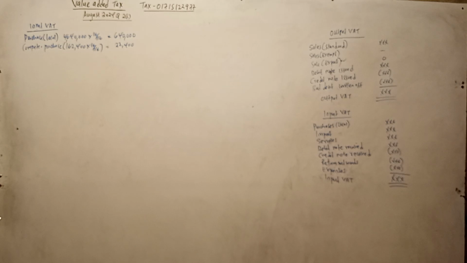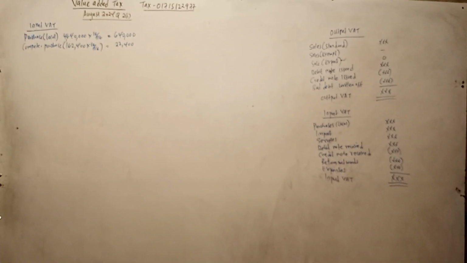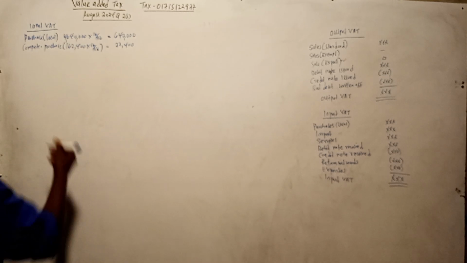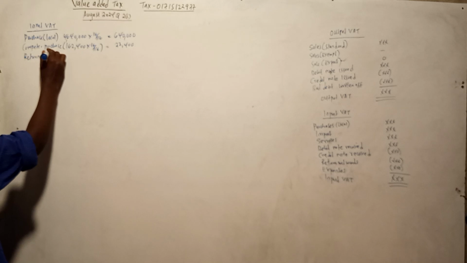I don't know why I keep making that mistake, but it is fine. I think it is okay. The question is for August 2024. Now to the left, so it's supposed to be input VAT. So return outward is supposed to reduce this account. Return outwards.